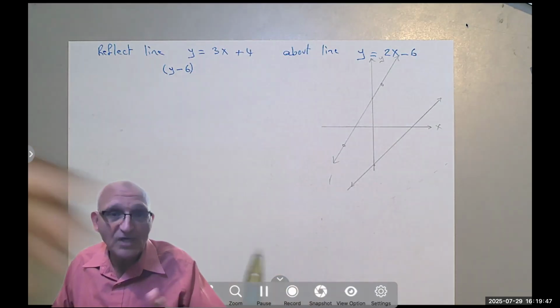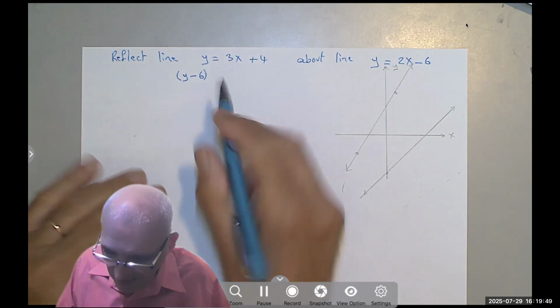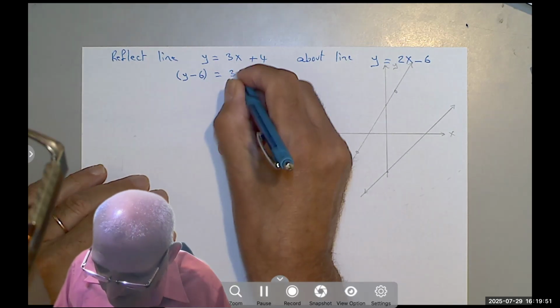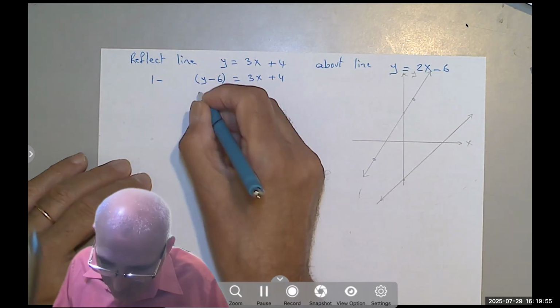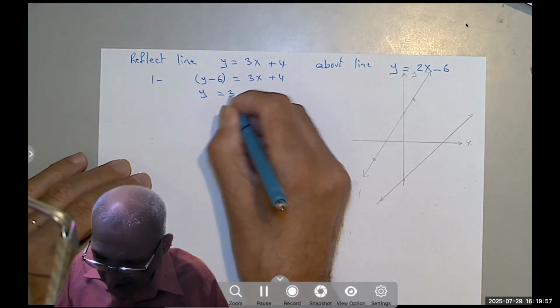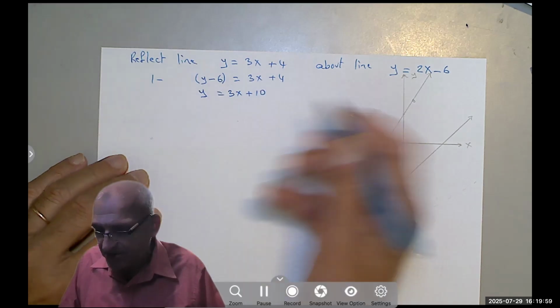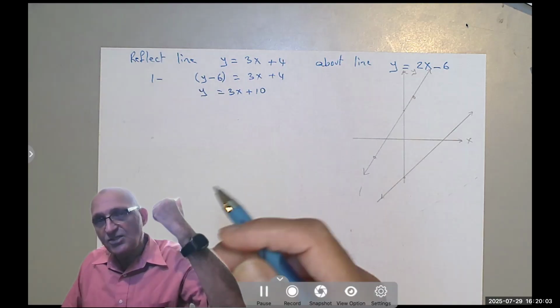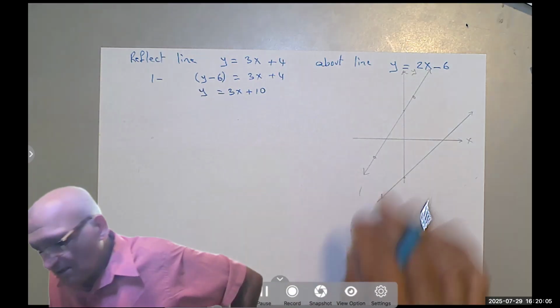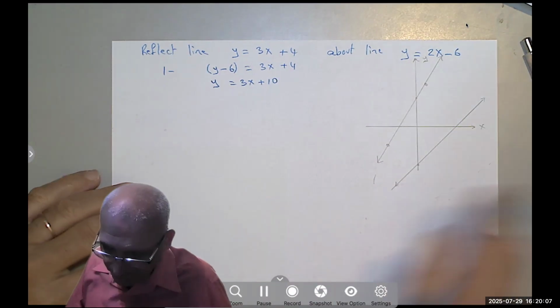So it has moved up 6 units, okay? y equals 3x plus 4. That's step number 1, which you can rewrite as y equals 3x plus 10. And many people would say, just add 6. Yeah, you're right. But I'm just reminding you of what we did in graph transformation.